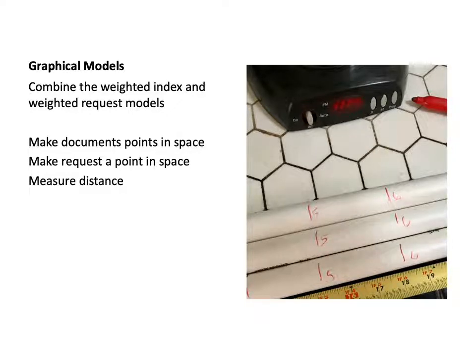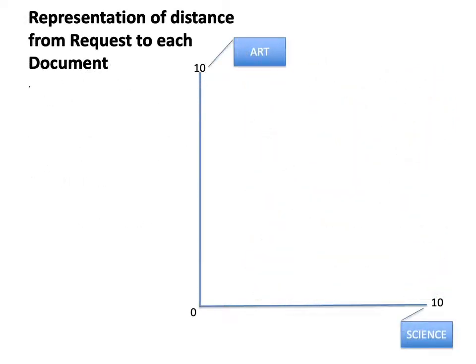What Robertson, Marin, and Cooper did was to say, we're going to make a graph, and every search term, every vocabulary term in the system will be one axis on this graph, one dimension in the graph. So if you have 2 dimensions, you can have 2 terms.